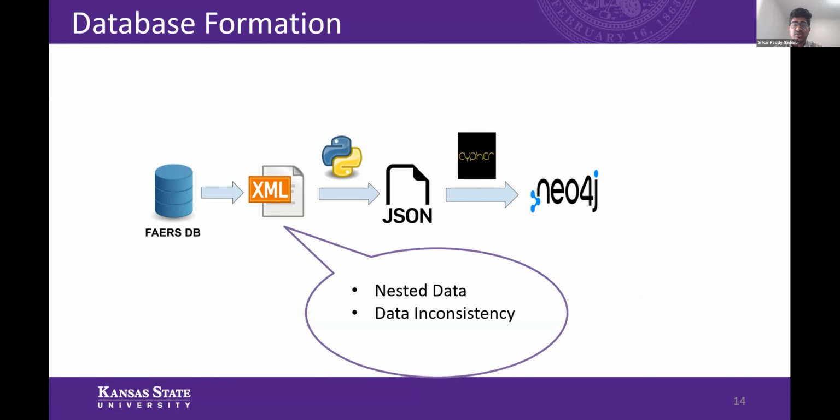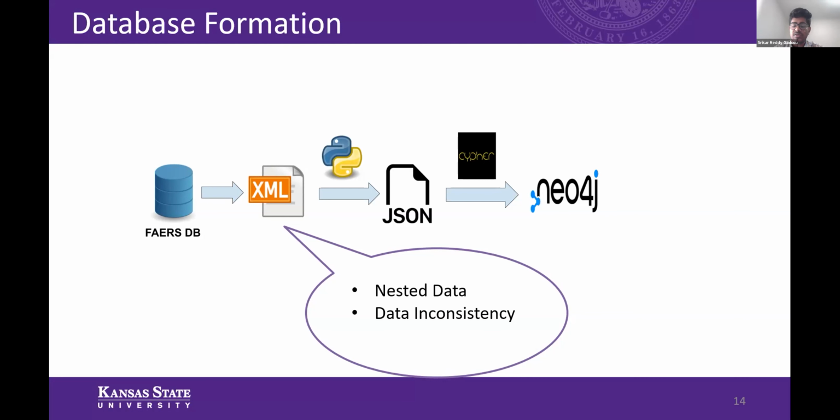Since we are trying to load this data into Neo4j, which does not support XML, we decided to convert the data into a JSON structure so as not to flatten out the structure of the data. We also removed inconsistencies. All these steps were done by implementing a Python script. The resulting file from this Python script is a JSON file.